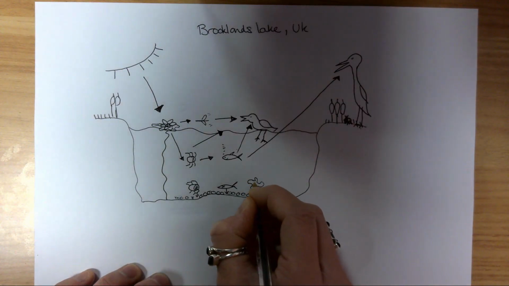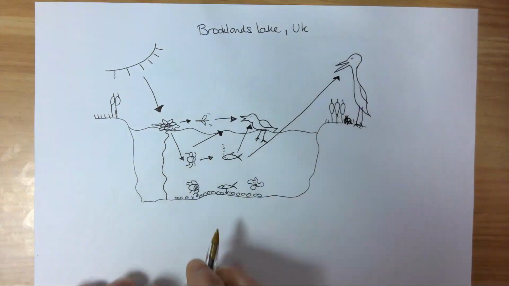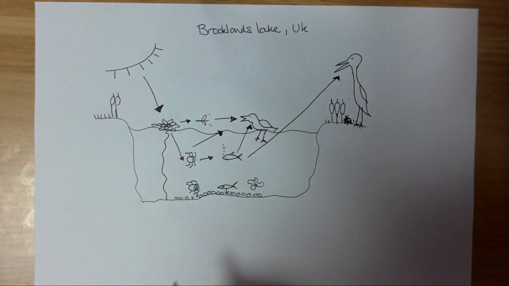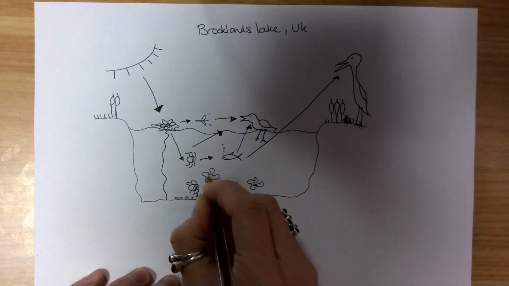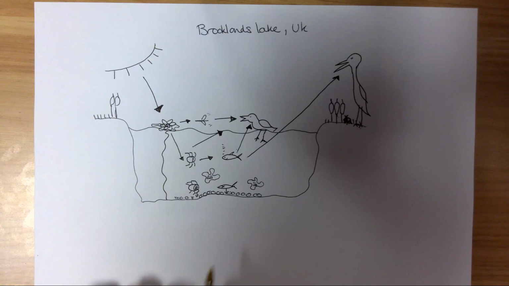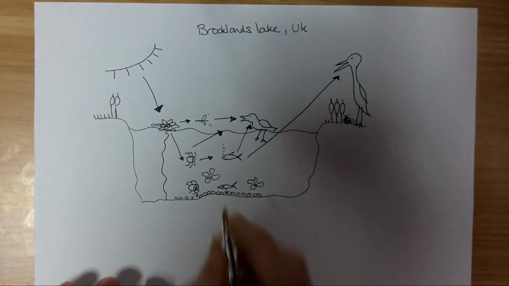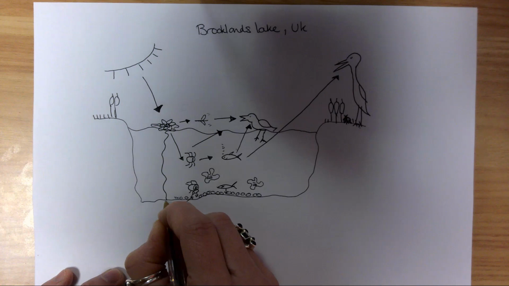So bacteria will help decompose and break down the dead and waste materials so that it's released. So I'm just drawing another little bacteria. Waste materials, so they're released back and they can be used by our producers.